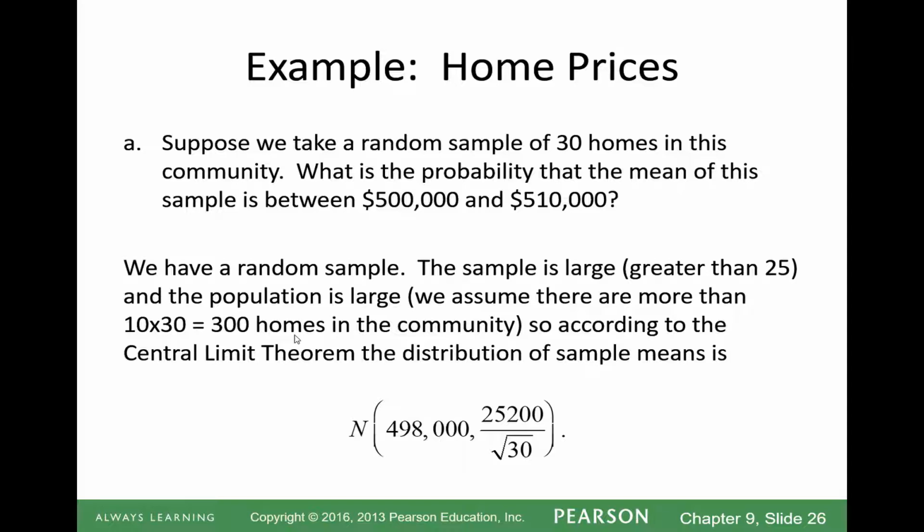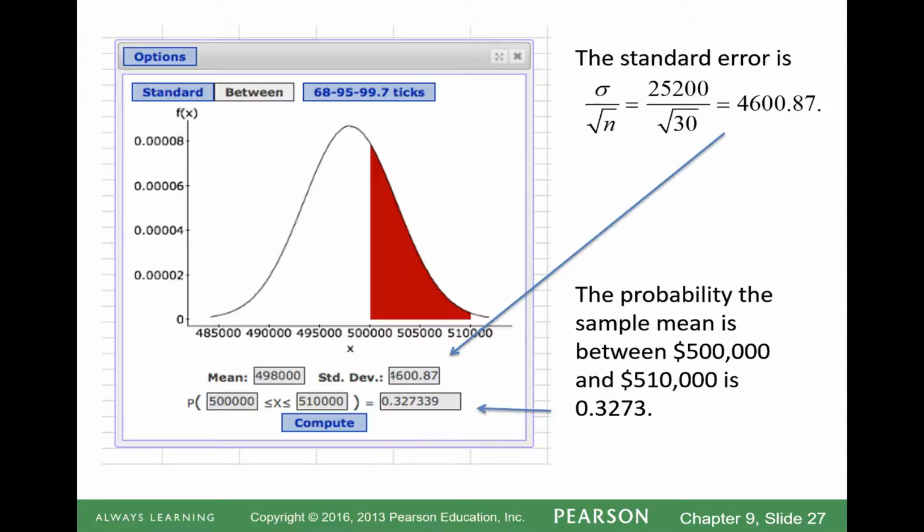It meets the central limit theorem, so it's normally distributed with a mean and a standard deviation here. So in this case, they use StatCrunch and they use between. They give us the mean and the standard deviation. And they want between 500,000 and 510,000. And there's a probability there. And they did this with StatCrunch.